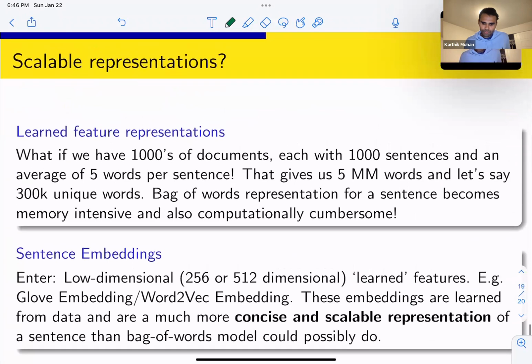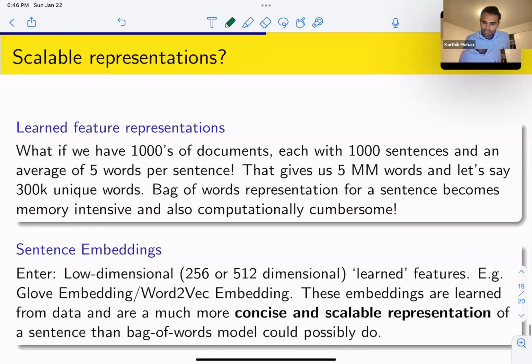So we're at the end of today's recorded lecture. Going forward, we'll also talk about scalable representations and embeddings for sentences that are more compact and convey more information. It's a phenomenal and very exciting field in machine learning, which is embeddings and representation learning. You'll see these words show up in literature as well: representation learning.